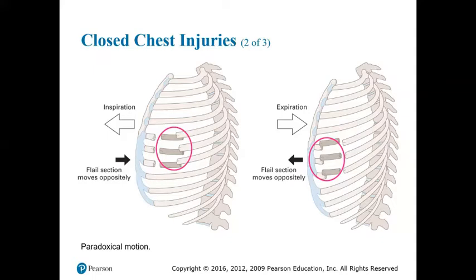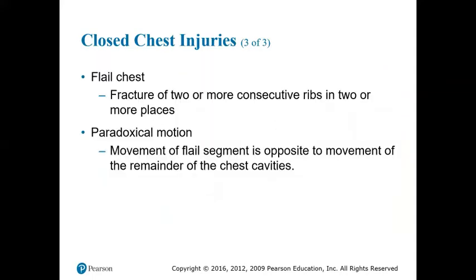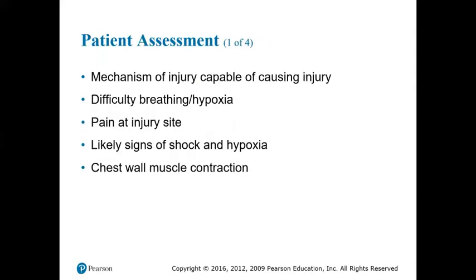So when you're palpating someone's ribs as they breathe in and out, and you feel a chunk of rib going in the opposite direction, that's paradoxical motion. You have to know what that is. Flail chest is defined as fractures in 2 or more consecutive ribs in 2 or more places. The paradoxical motion is the movement of the flail segment opposite to the movement of the remainder of the chest cavity.